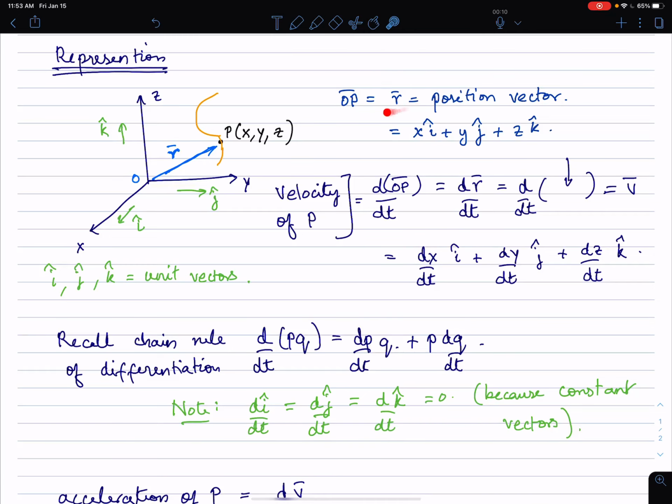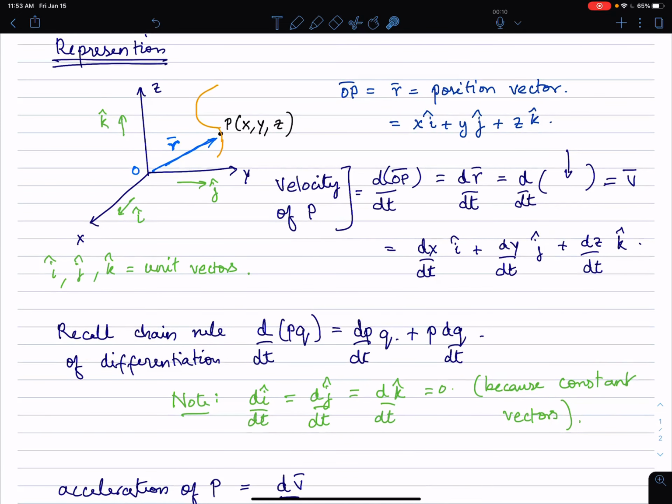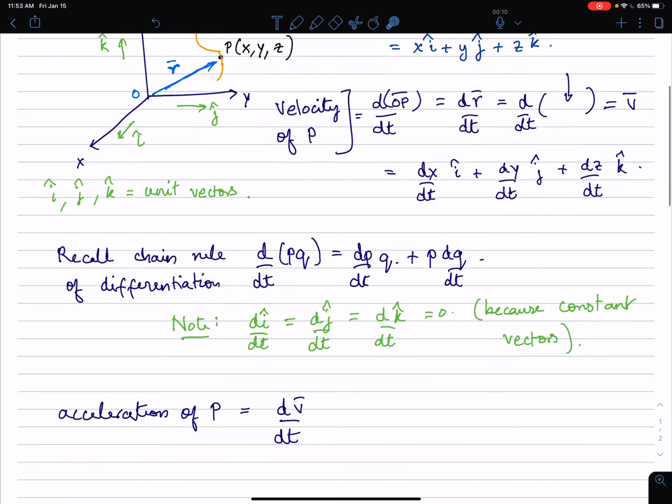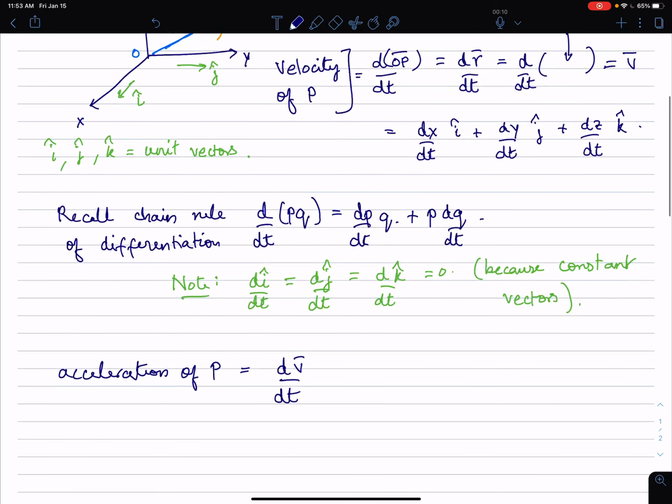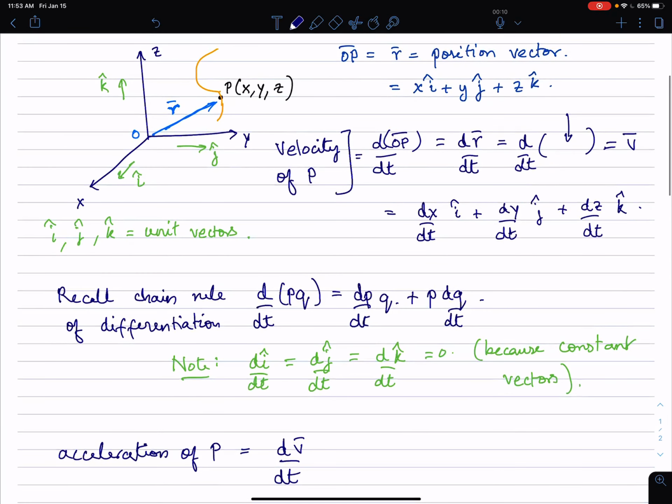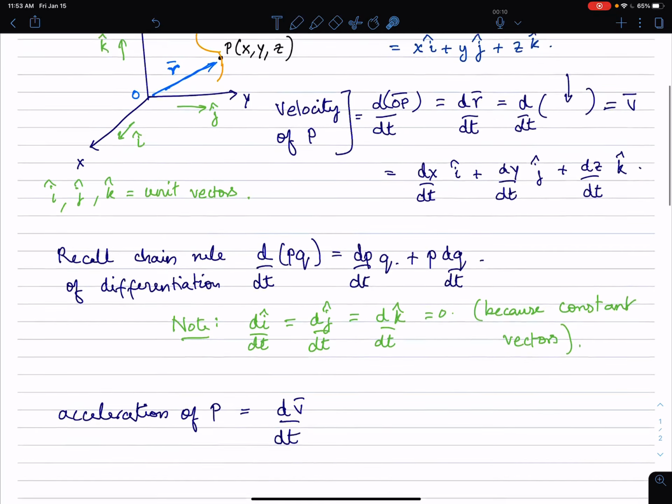But these are unfortunately historical standard notation that people have been using for hundreds of years. So we want to use that. For the purposes of this course, we will use this notation: R for position vector and V for velocity.